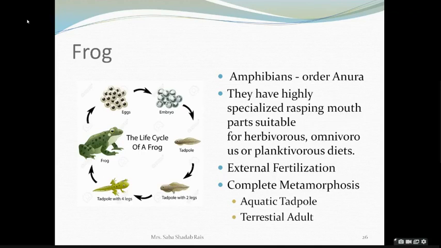Now you will be thinking, ma'am, these are adults, then why do they possess the tail? So at the time of development, when they pass the tadpole stage, their tail degenerates. At that particular time, they come onto the land. They don't go back to the water to spend an aquatic life.